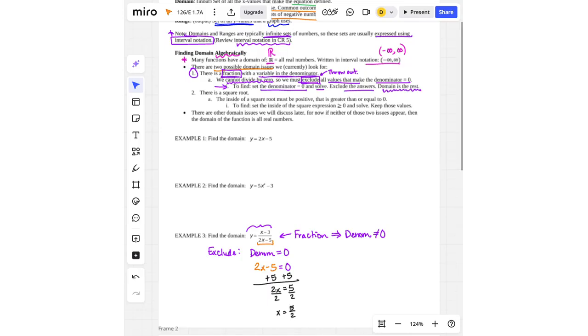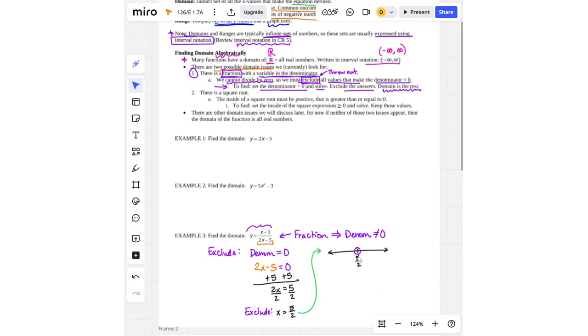Now remember, this is the value that we want to exclude. So because my goal is to exclude this, what we're going to do is take this expression and put it on the number line. So on our number line here would be 5/2. And because we're excluding it, we're going to do an open dot at 5/2.